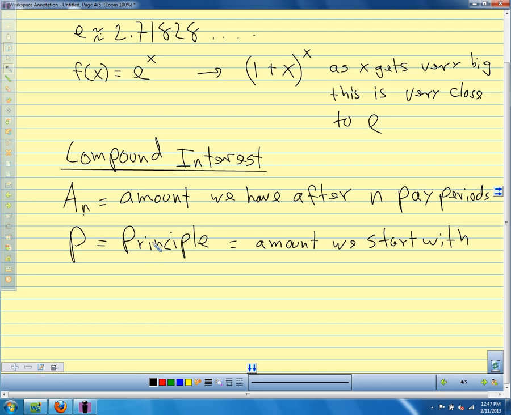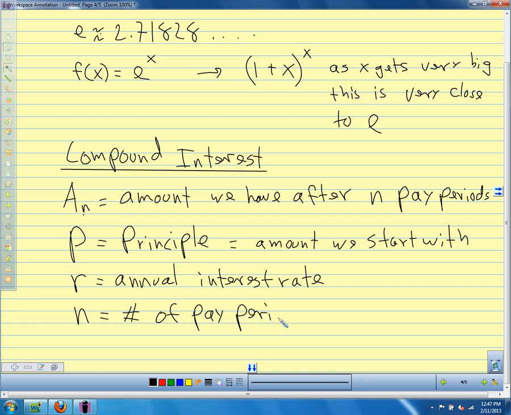And we're going to let r be the annual interest rate, so it'd be whatever, 15% per year, something like that. And n equals the number of pay periods per year. So this is our terminology for compound interest.